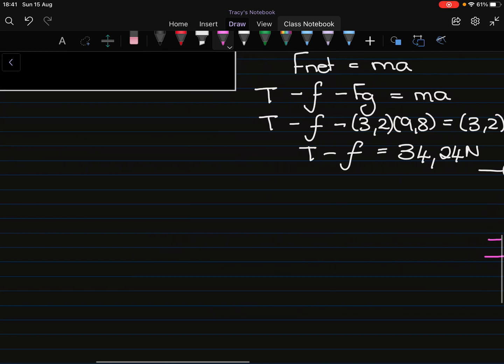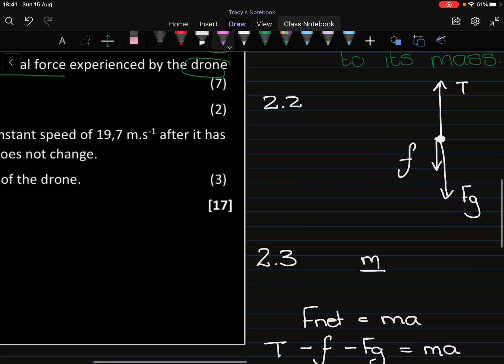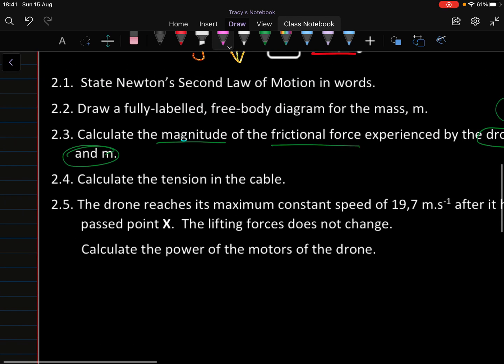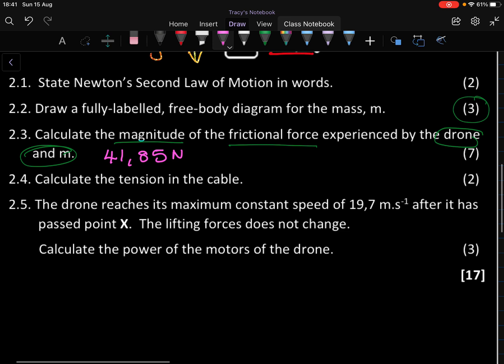Okay? Then they said to us, let's go back to the question. So now I know that the frictional force was, what did we say? 41,85 newtons. Now they say calculate the tension in the cable. This is a carry down question. If you got 2.3 wrong, we'll carry down whatever answer you get to 2.4. For 2.4, you need to use one of the equations you had set up. I'm going to use the first one I set up because my tension's already positive.